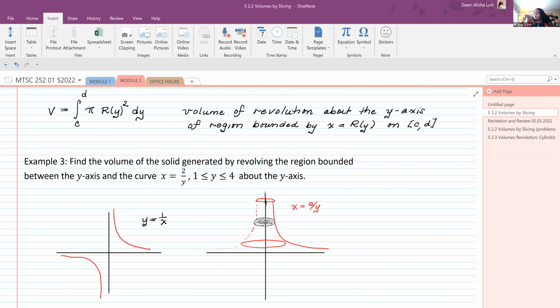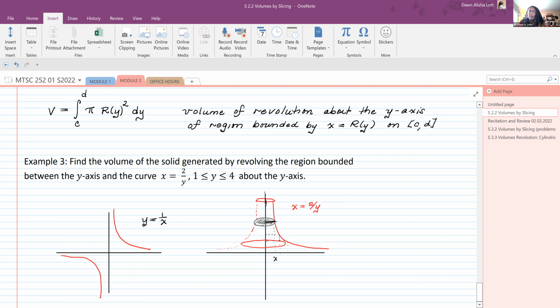Okay, so the volume of this disk is going to depend on its radius, and its radius is that length. And for this problem, the radius is always how far out you go, and how far out you go is x. If I go out this far, that'll give me a different x. If I go out this far, that'll give me a different x.